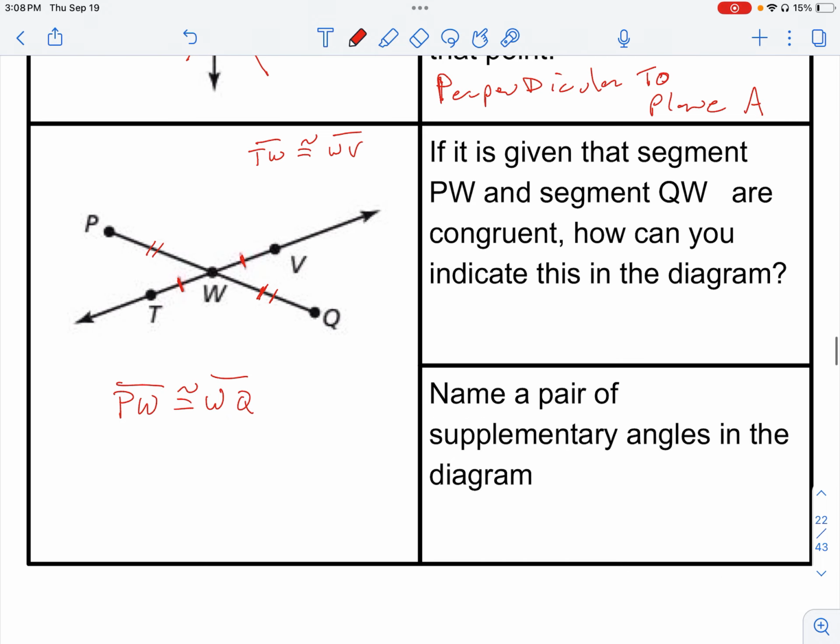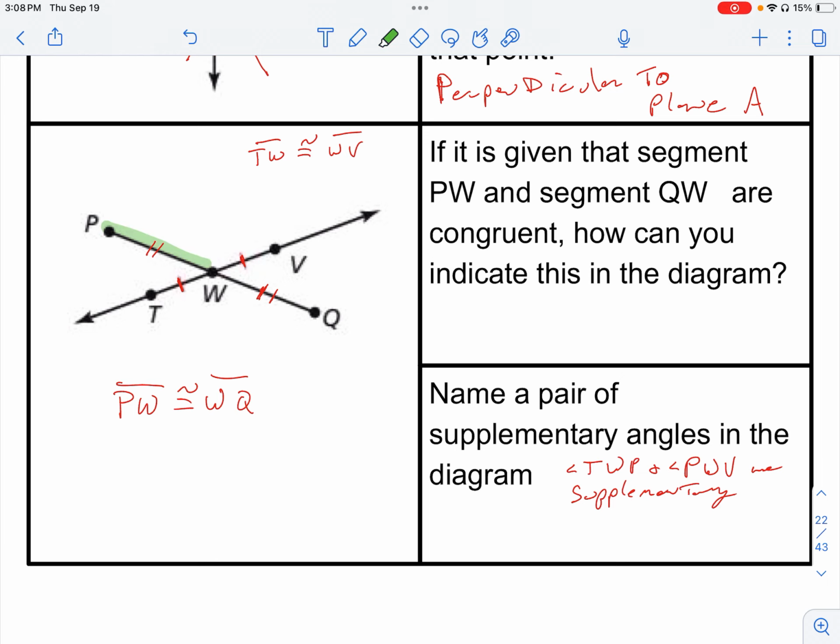All right, then we're going to name a pair of supplementary angles in the diagram. So any linear pair is supplementary. So we're just going to pick one and we're going to go angle TWP and angle PWV are supplementary because they're a linear pair.